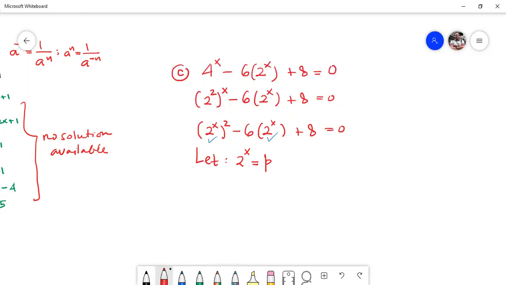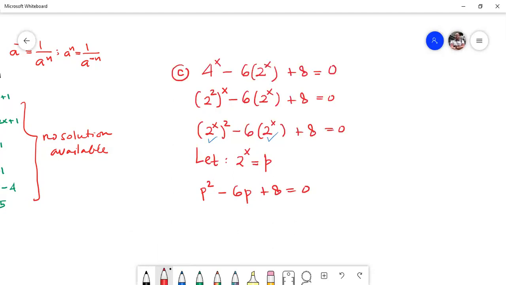It can be any alphabet, it doesn't matter. So now since I let 2 to the power of x equal p, I prefer to substitute this one with p. So basically I will have p squared minus 6p plus 8.